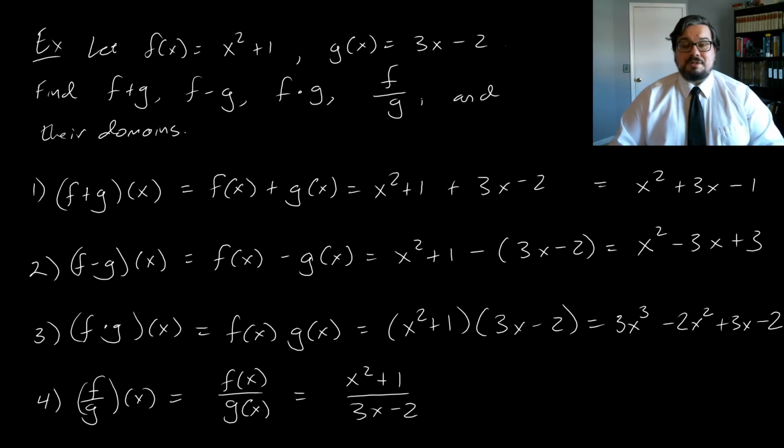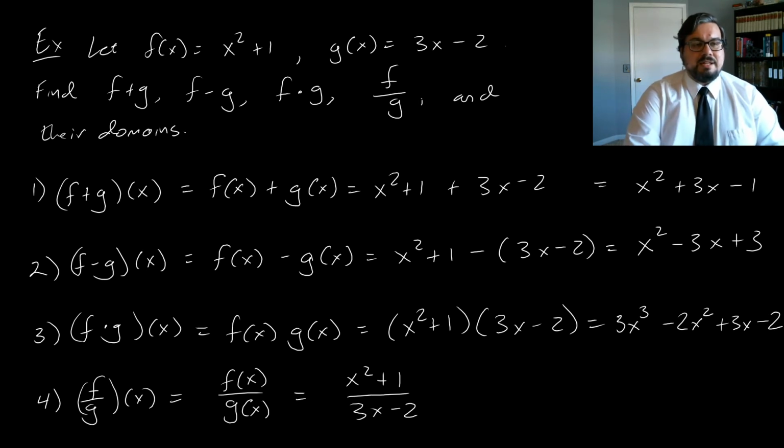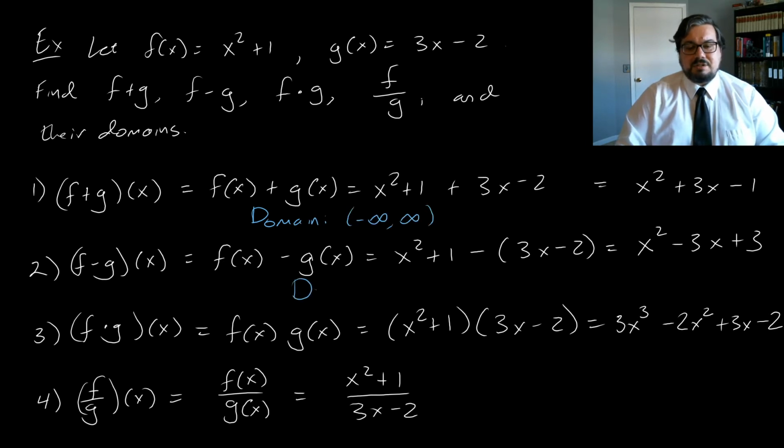You can plug any numbers in there. And because we can add, subtract, or multiply any numbers together, forming the sum, difference, or product of these 2 functions will never cause a problem with the domain. So for each of these, the domain is all real numbers, negative infinity to infinity.